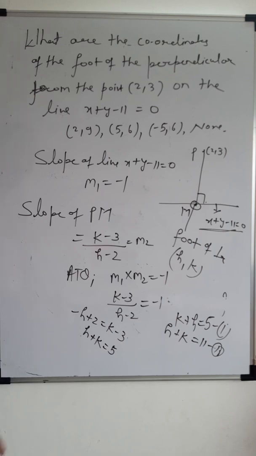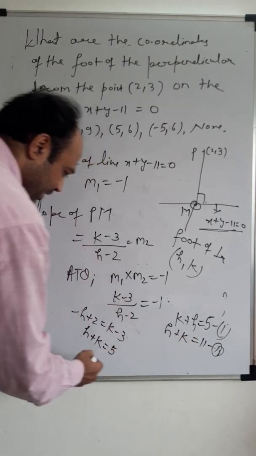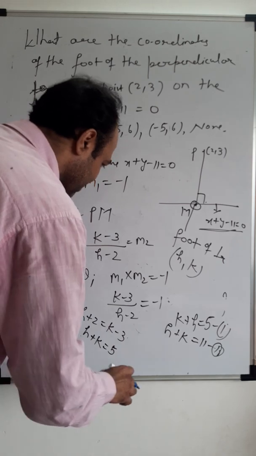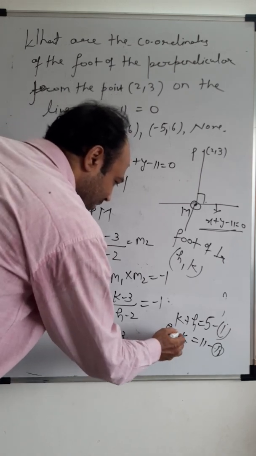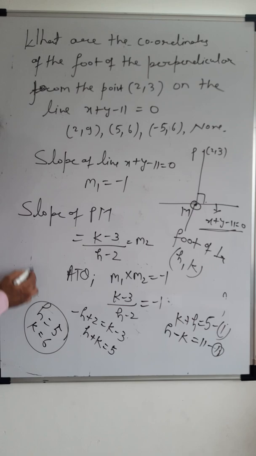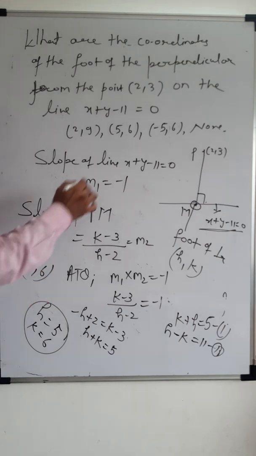So we have h + k equals 11. Somewhere we should be getting minus h, okay, let's see. So for the foot of the perpendicular, h is 5 and k is 6. So (5, 6) is the answer.